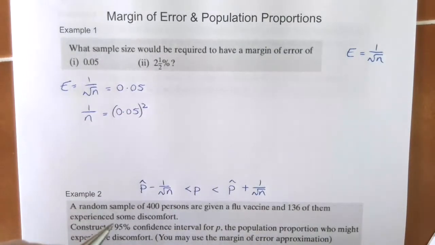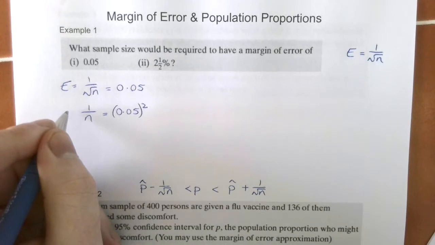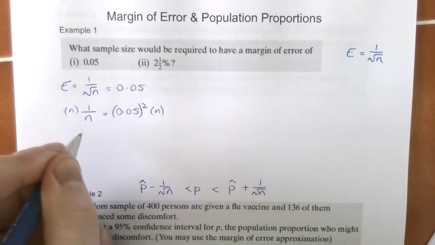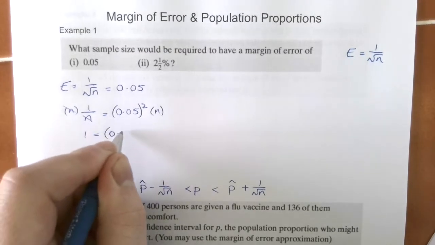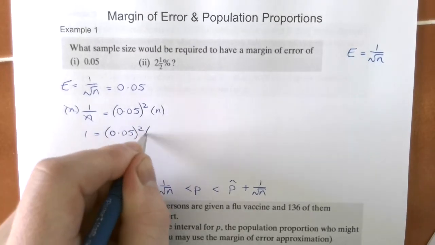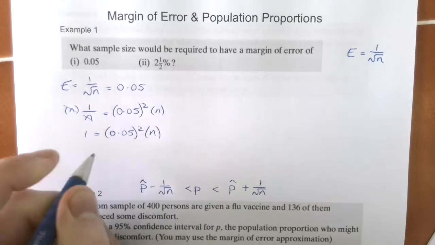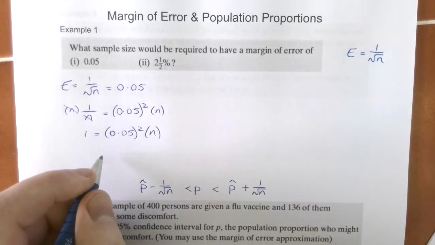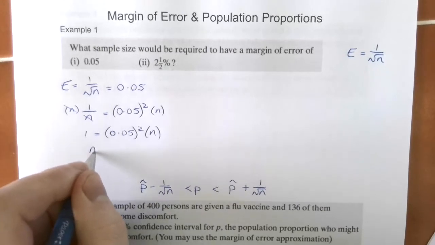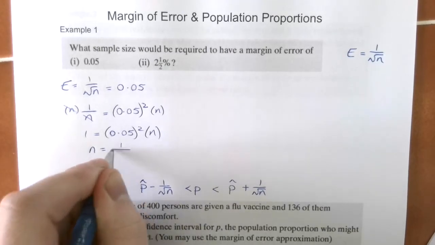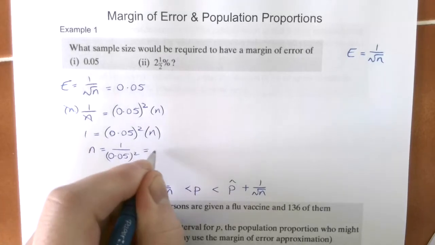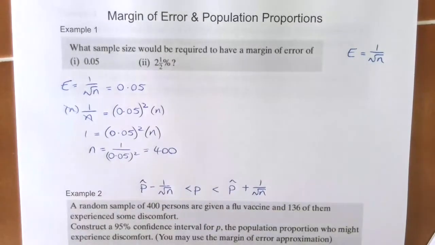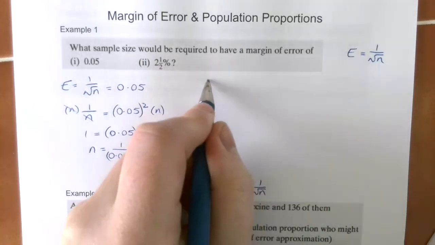And then we'll multiply both sides by n, to get rid of the n in the bottom. So then you're left with 1 is equal to 0.05 squared times n, and then divide by 0.05 squared. So n is equal to 1 divided by 0.05 squared, which is equal to 400. So 400 people were sampled.